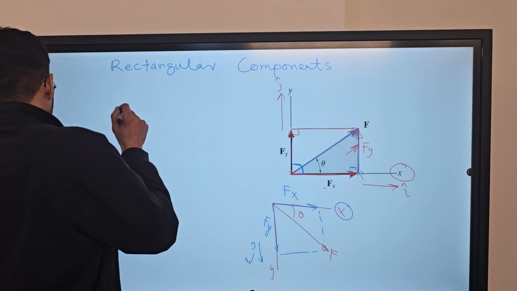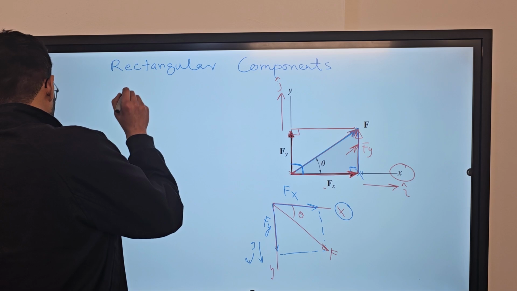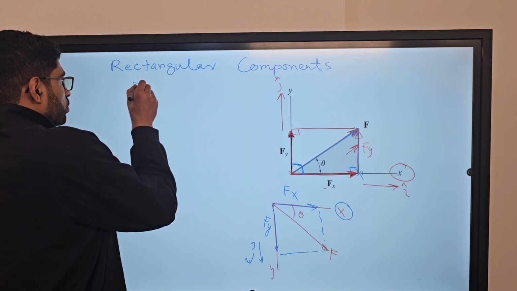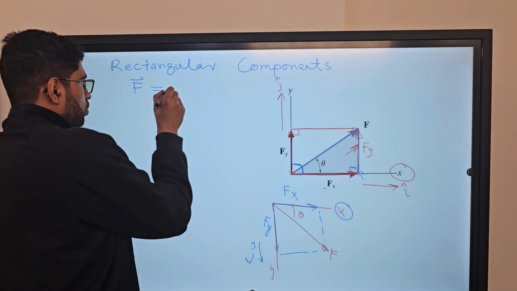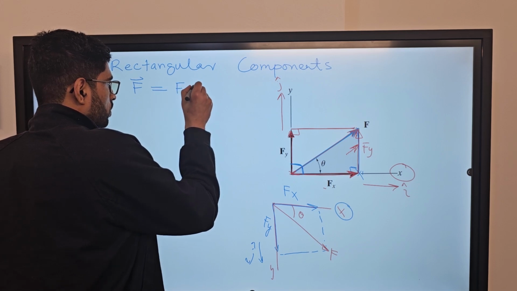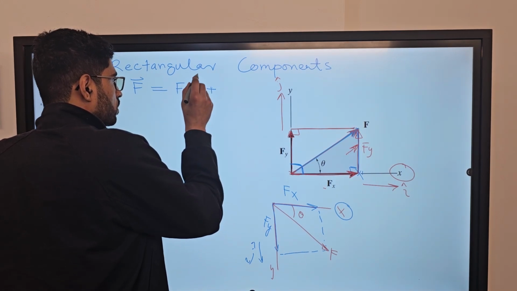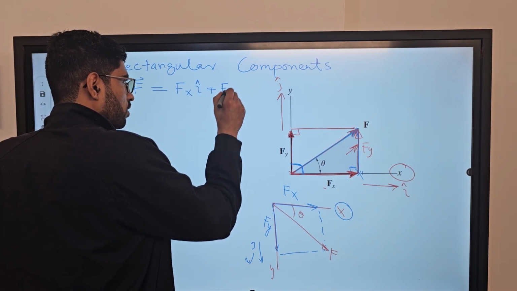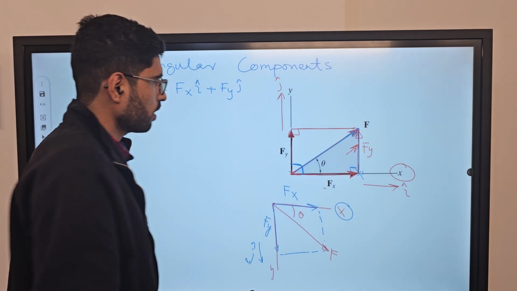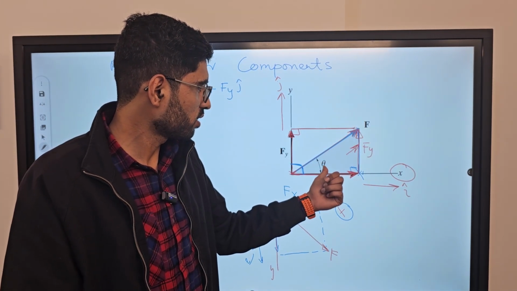Now if I write this force F as f of x I plus f of y j, and now we are given that this force F is making some angle theta.